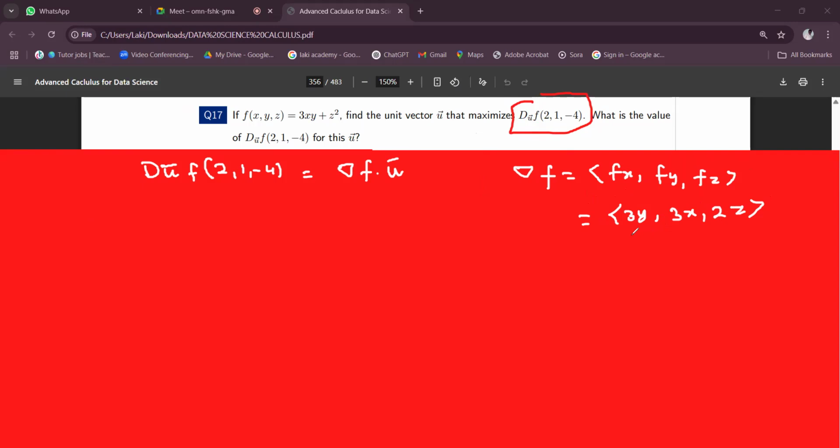So at the point (2, 1, -1), when you put y equal to 1, you get (3, 6, -8). Right?